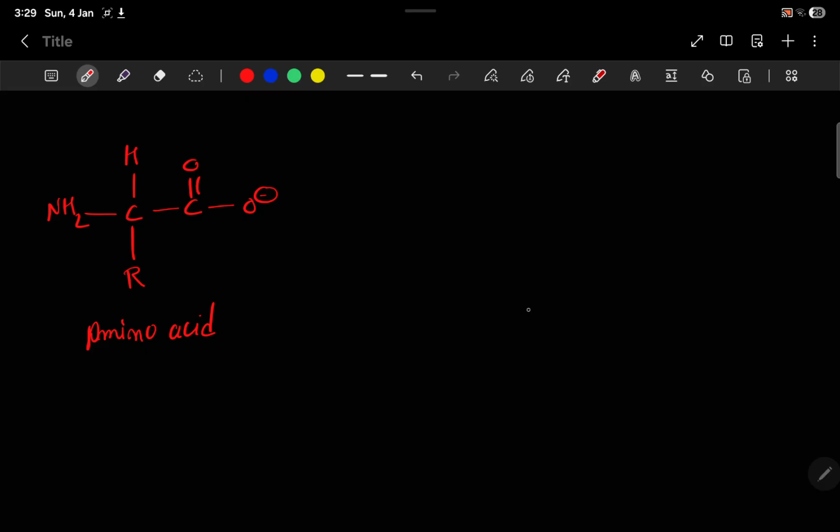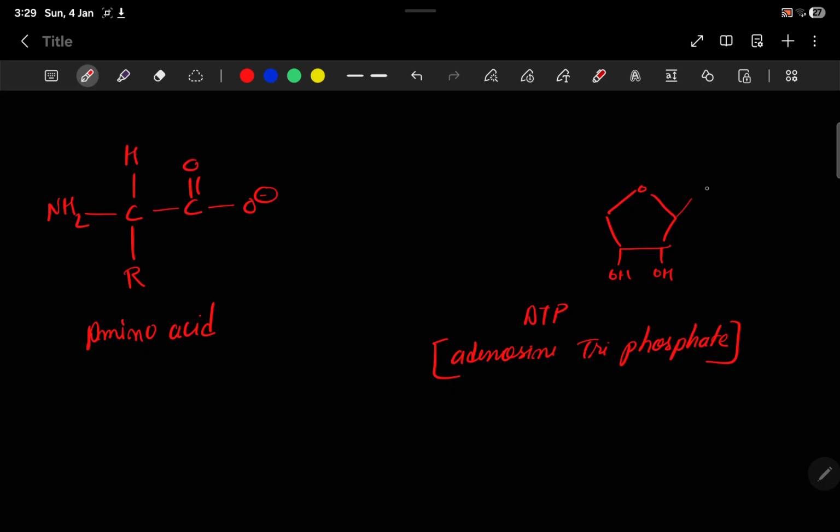And we have ATP. What is ATP? Adenosine triphosphate. How many of you know the structure of adenosine triphosphate? The structure of adenosine triphosphate is very simple. It is a ribose sugar with adenine, and it has phosphate groups.